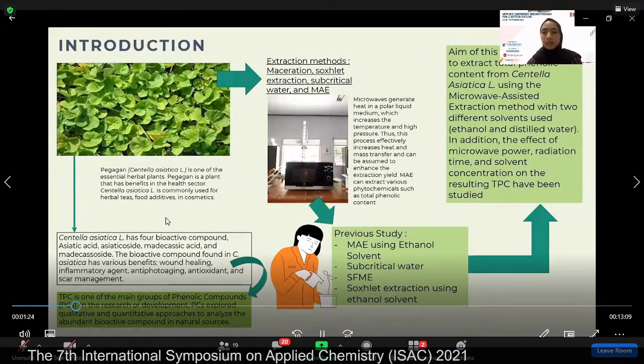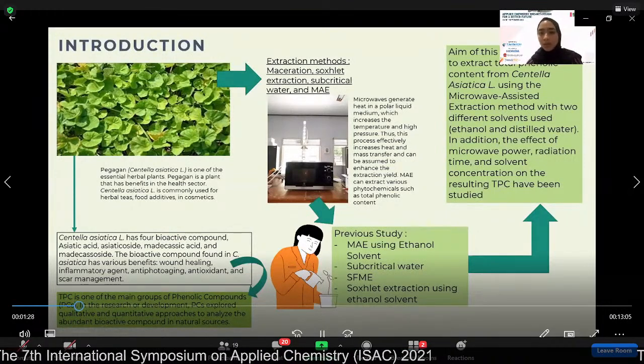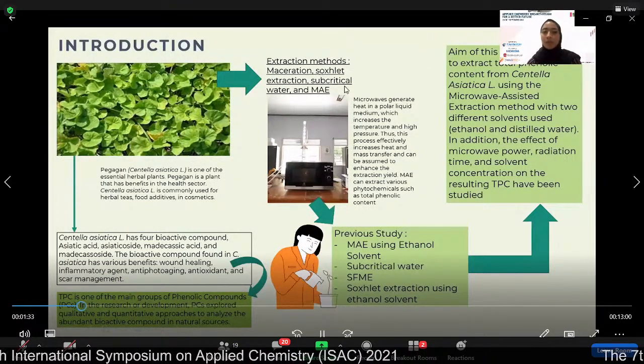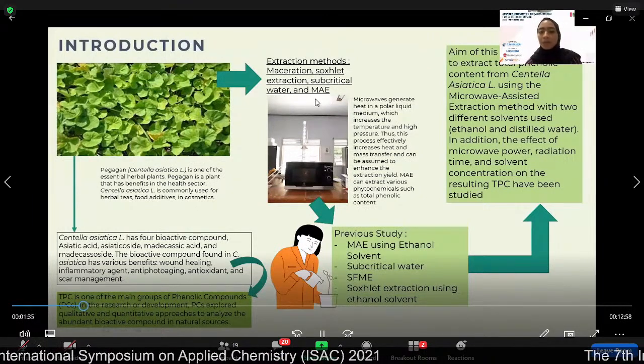And to extract the bioactive compounds from Centella asiatica, we can use several methods, such as maceration extraction, soxhlet extraction, subcritical water, and microwave assisted extraction.